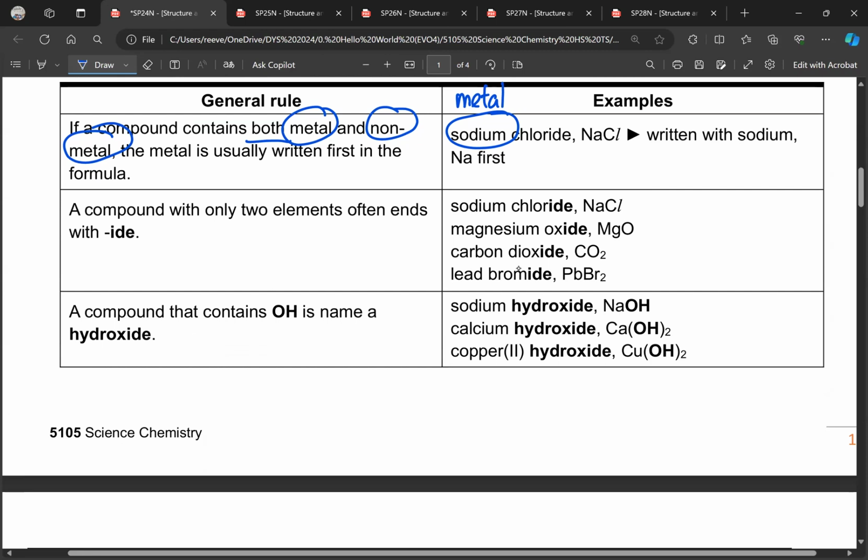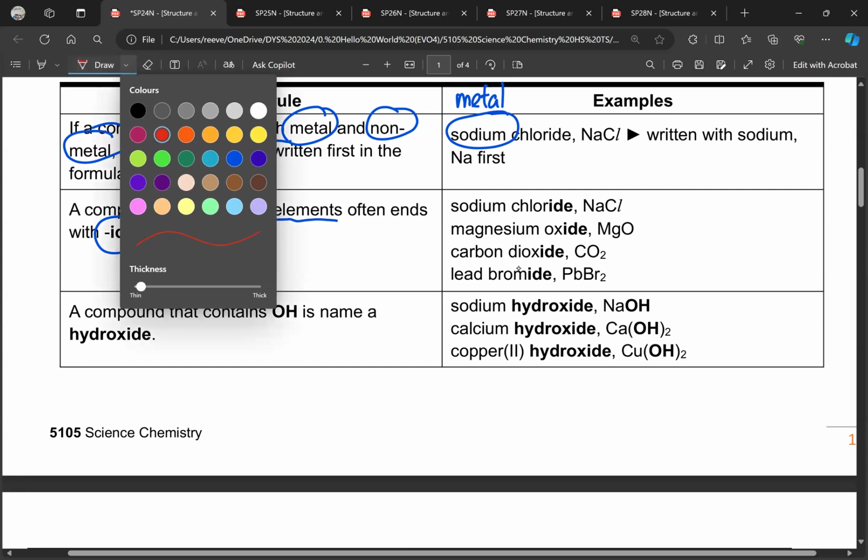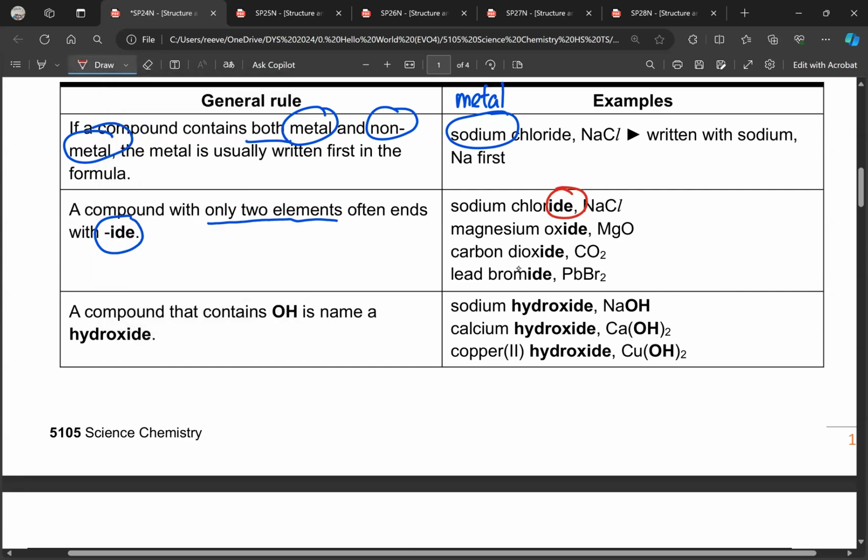Next, when I have a compound with only 2 elements, the name often ends with IDE at the back. Like sodium chloride, I have IDE. IDE stands for the chloride, oxide, dioxide, carbon dioxide, for example, or bromide.